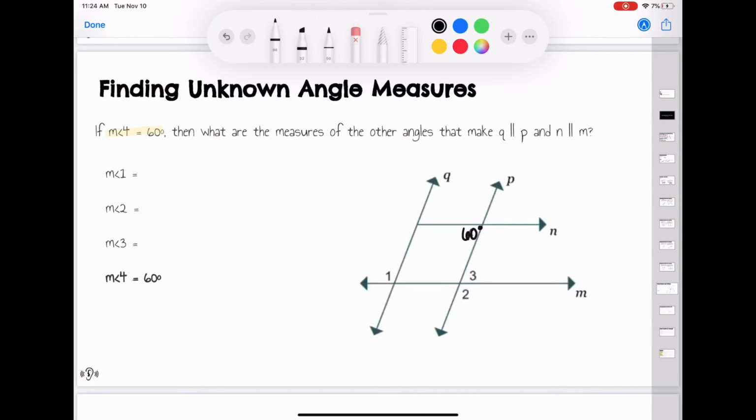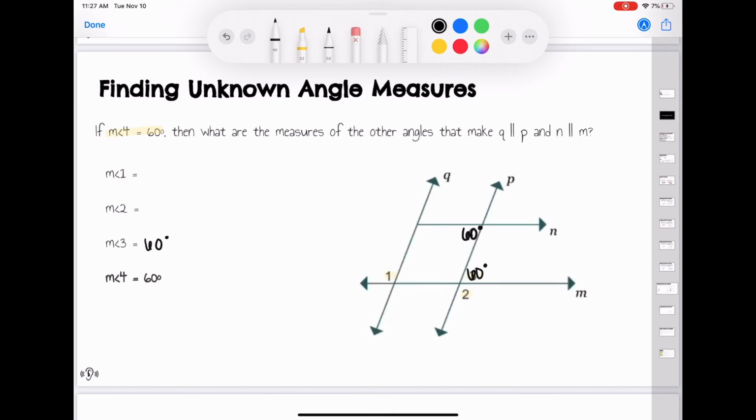Given the different angle relationships that we know about, we are looking for 1, 2, and 3. From 60, we know that angle 3 is also 60 because those two are congruent to one another. So, angle 3 is equal to 60.